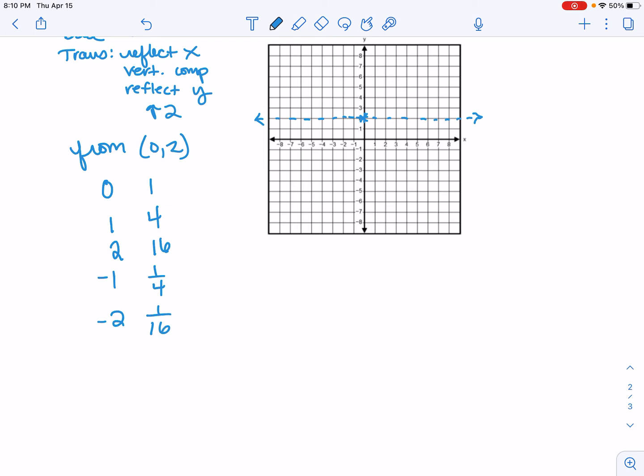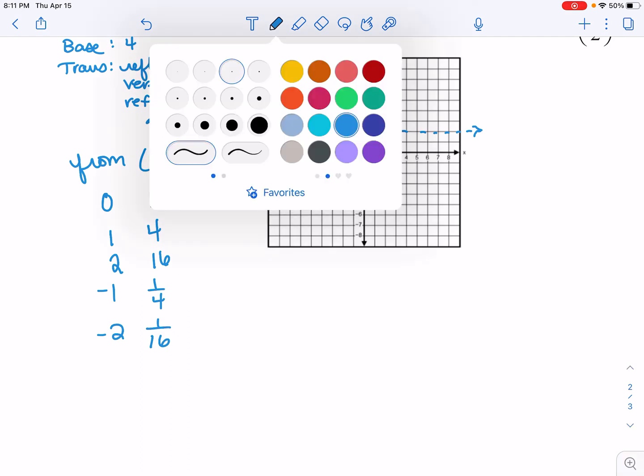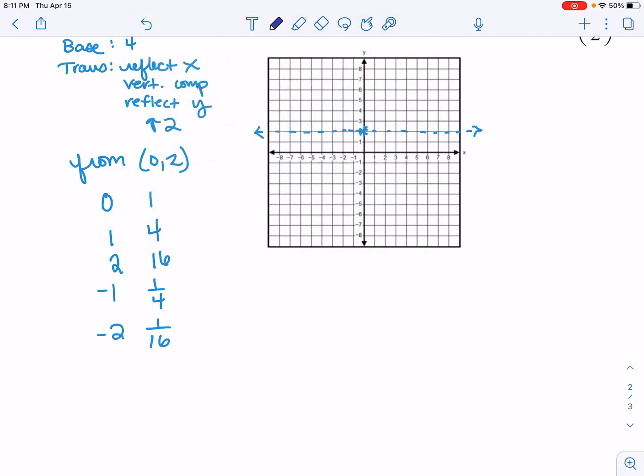That last one might be a little bit harder to graph, so you can write it down or leave it off, whatever. But now I want to make sure that I don't have any other transformations. Well, obviously I do. I have the reflection over the x, so let's do that first. So I have a reflection over the x-axis, and I actually had that horizontal compression that I could probably do both of them at the same time.